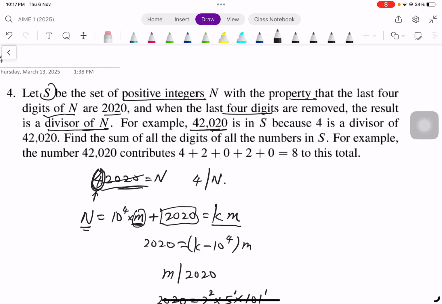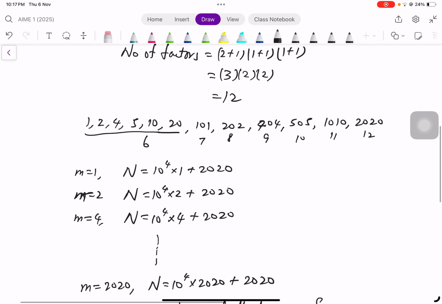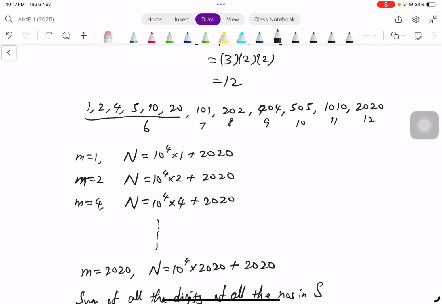That means we are looking at the collection of all such big N. Looking at this part carefully, we have 1, 2, 4, and the next one is 5.